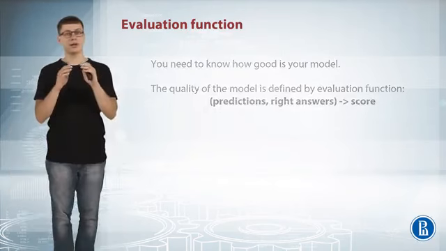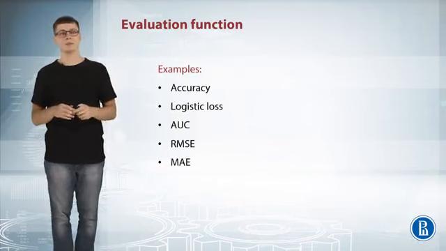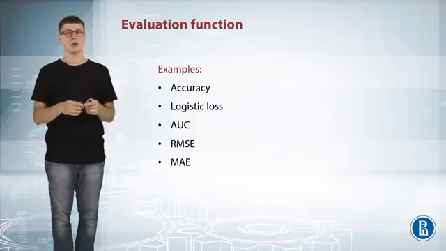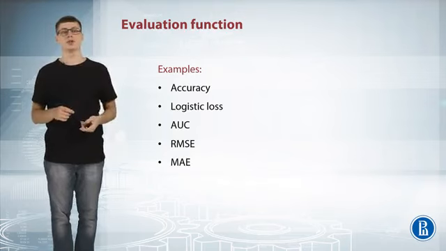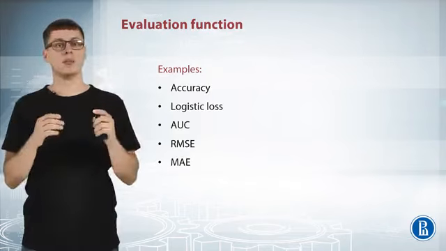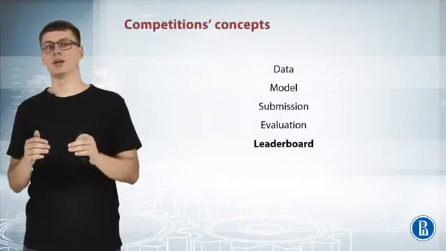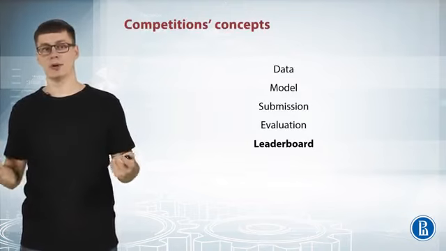In general, there are a lot of such functions. In our course we will carefully consider some of them. The description of the competition always indicates which evaluation function is used. I strongly suggest you pay attention to this function, because it is what we will try to optimize. But often we are not interested in this score itself. We should only care about our relative performance in comparison to other competitors.